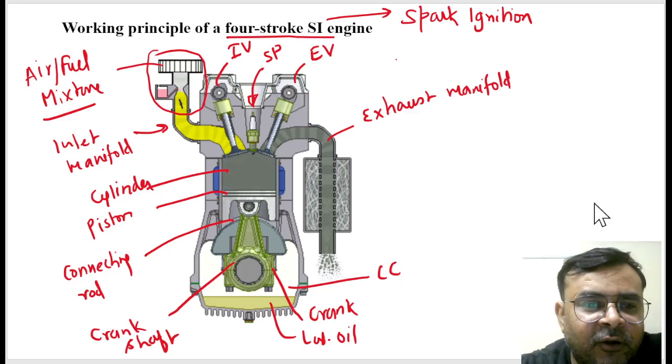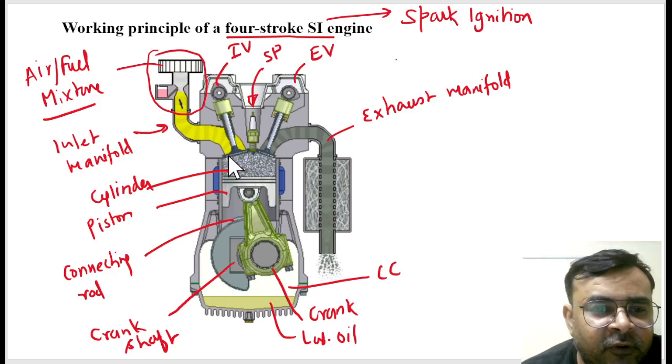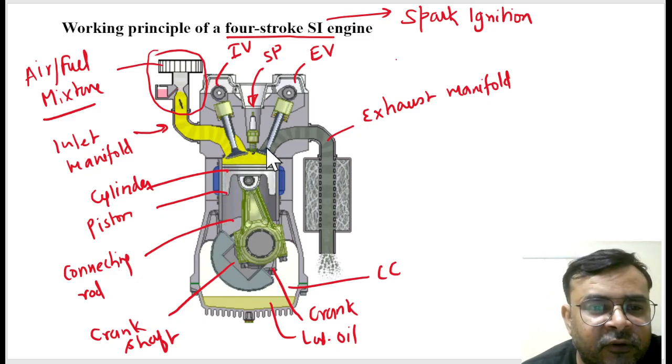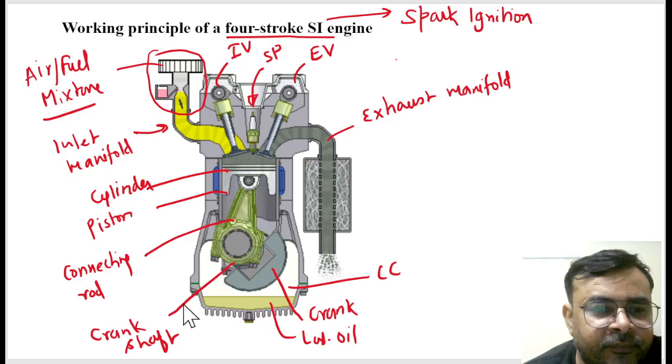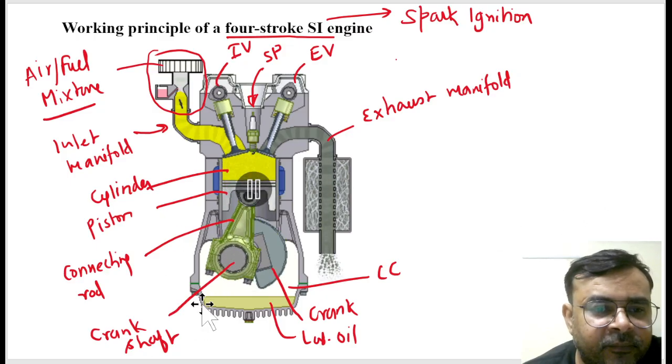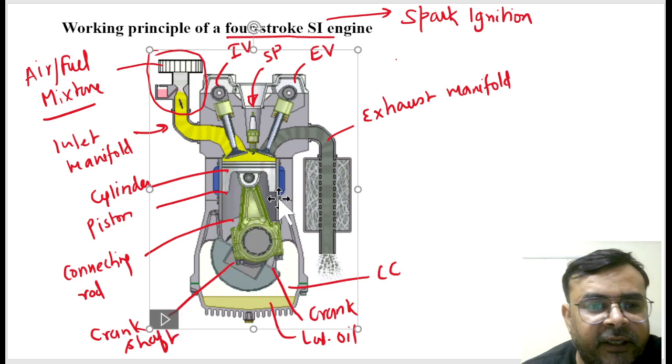You can see how the piston is reciprocating inside the engine, and this valve is open sometimes and that valve is open sometimes, and both valves can also be closed.